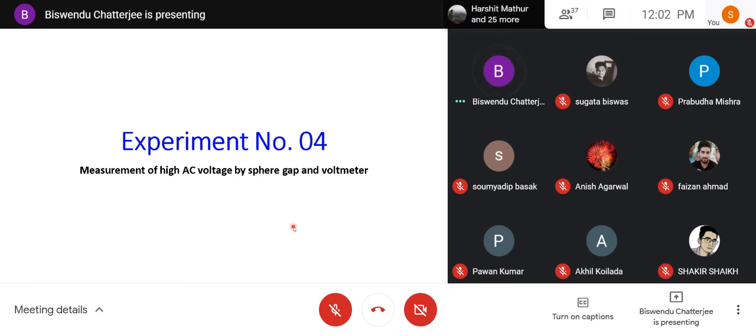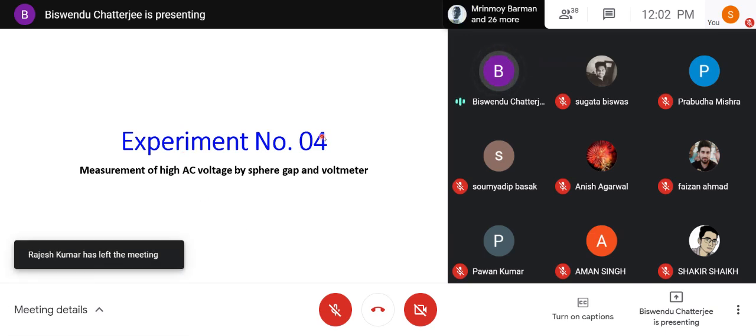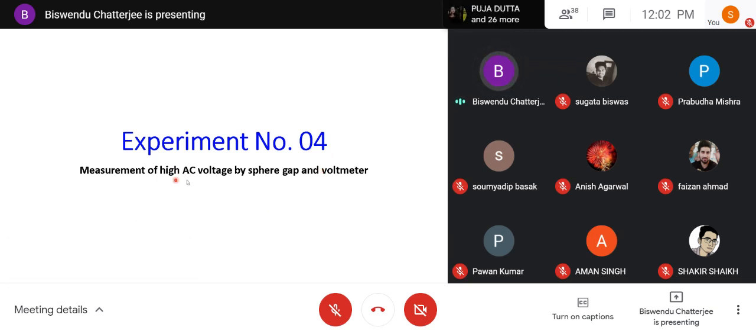So this is experiment number 4 in the high voltage lab. You were to perform actually this experiment in the high voltage lab, and that is the measurement of high AC voltage by sphere gap and voltmeter.